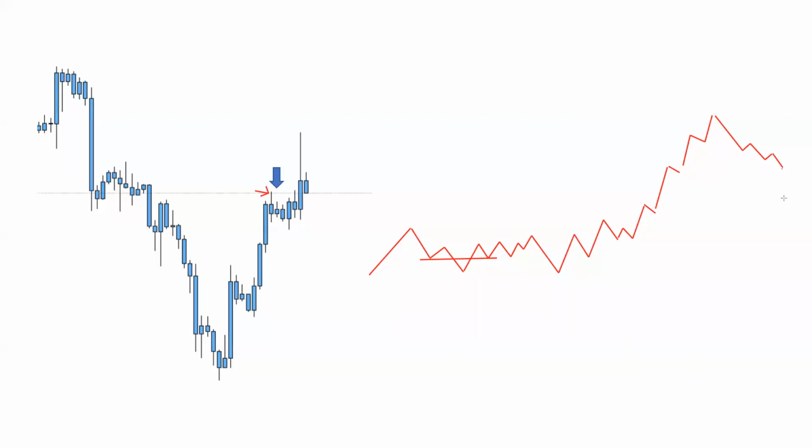And then we saw once more a push to the upside. And the last candle is bearish, but there's a wick to the upside, so it pushed a bit up and then went down.